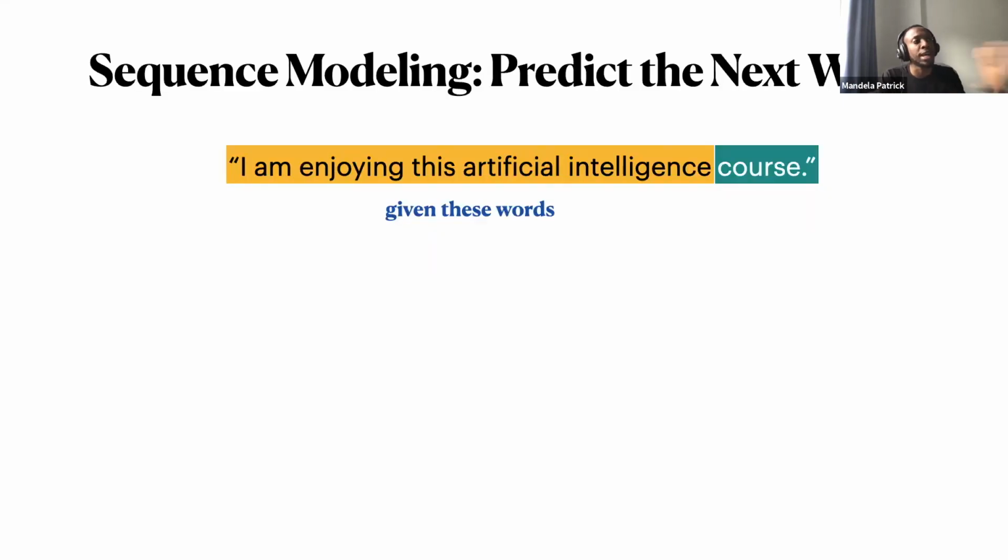For example, if I give you this context, I am enjoying this artificial intelligence, and you were able to predict the next word given this context, you would probably predict course. And this is what we want our neural network to be able to do: if it can model sequences properly, given some context, it's able to predict the next sequence or the next token.